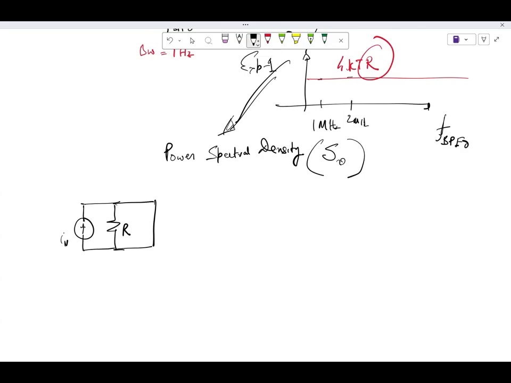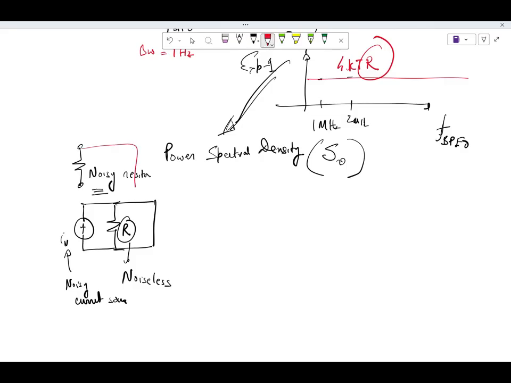So what I'm saying is, this is a noisy resistor. This I can model as a noiseless resistor R and a noisy current source. In principle, if the modeling is correct, then if I short this, the current through this should be equal to the current through this.